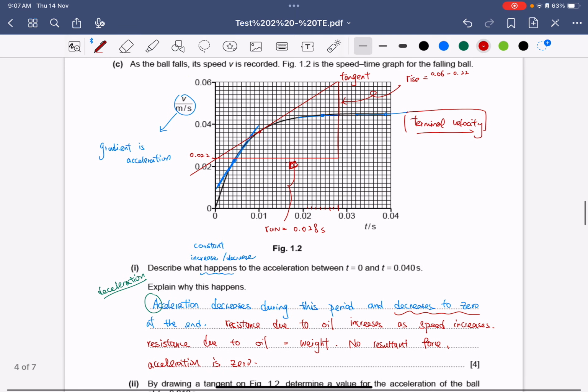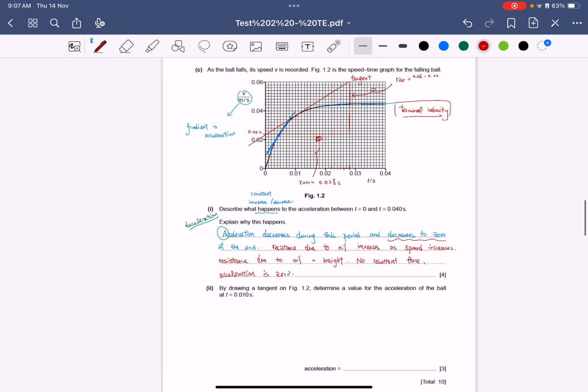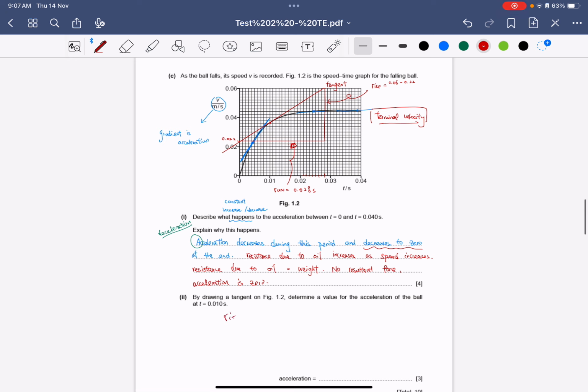So having drawn the tangent and having the rise and run, we copy this down. So the rise is 0.06 minus 0.022. And then run is 0.028.